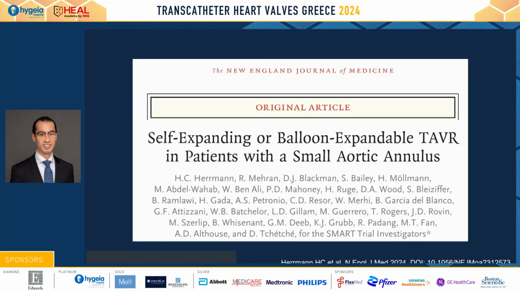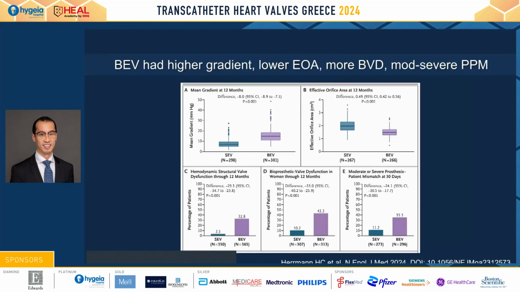Now this New England Journal paper just published on the SMART trial looked at the self-expanding supraannular Evolut valve versus the SAPIEN 3 valve with Ultra in small annuli, showing that indeed the supraannular self-expanding valve has some benefits. And in this particular study, the balloon expandable valve did have higher gradient, lower EOA, more paraprosthetic valve dysfunction, and more moderate severe PPM versus the Evolut platform.